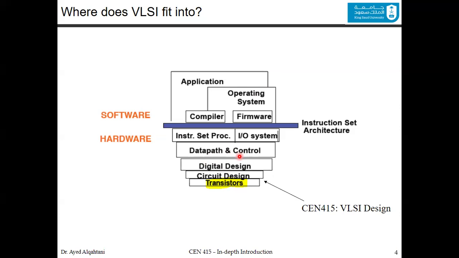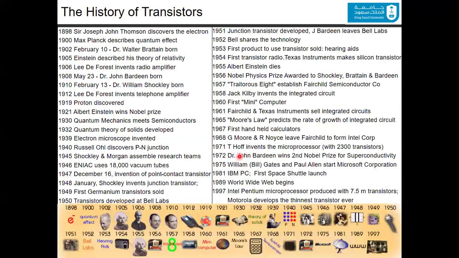Now, here's some history. You can see that this history goes back to the previous century. We start from 1898 all the way up to 1997. Here you can read all of these, and you have icons below to remind you what's going on.